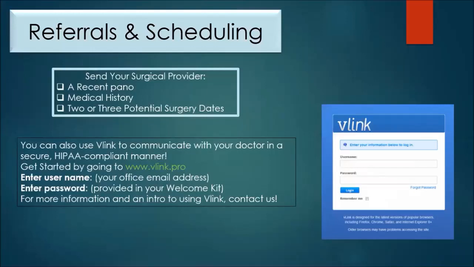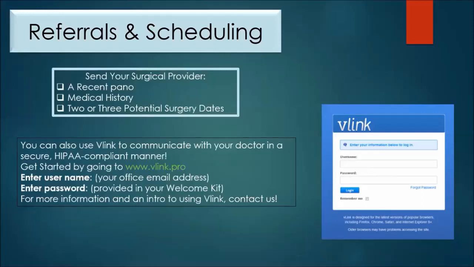In order to make a referral and get your patient scheduled, you'll need to send securely to your surgical provider a recent x-ray, their medical history form, and 2 or 3 potential surgery dates.